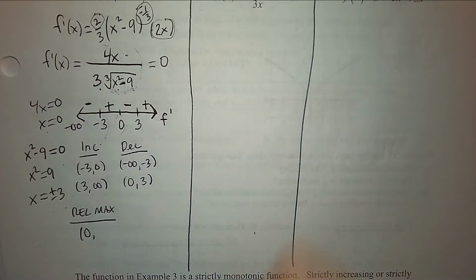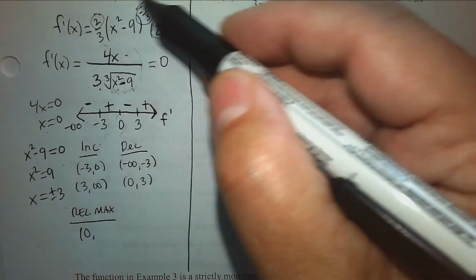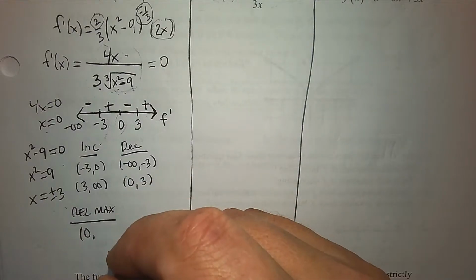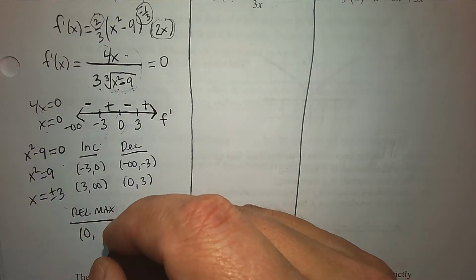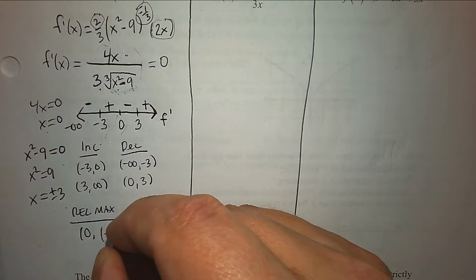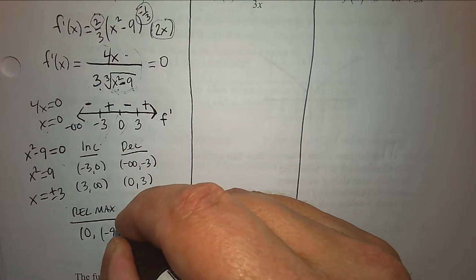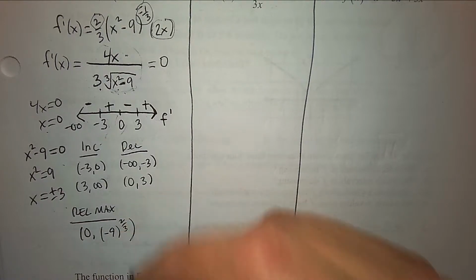Now if you plug that into the original function, what's the y coordinate? Can you take the cube root of 9? No, it's irrational, so you're just going to write it.